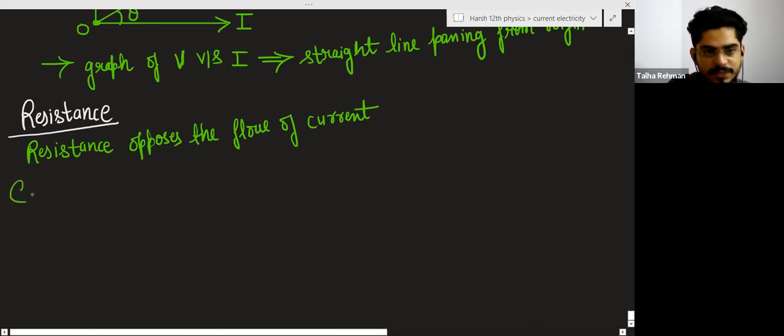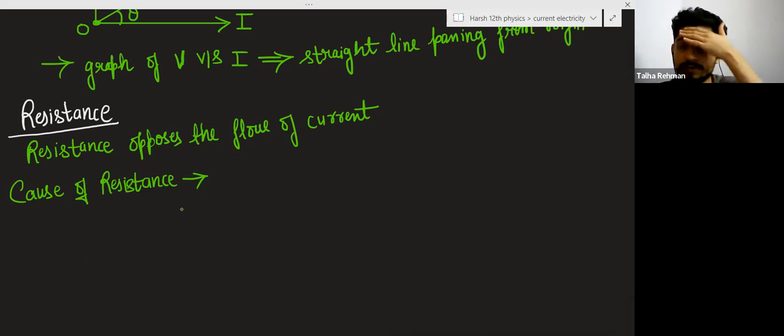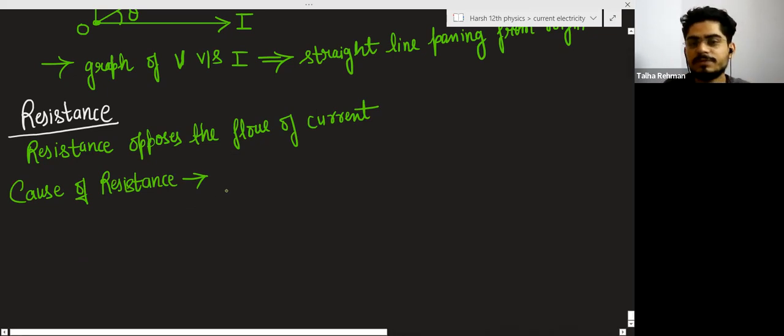Cause of resistance is the collision of electrons with ions. If the electron will travel smoothly, there will be no resistance. But in the path of electrons, there are ions also. So there will be some reduction in the current, and that is given by the resistance.